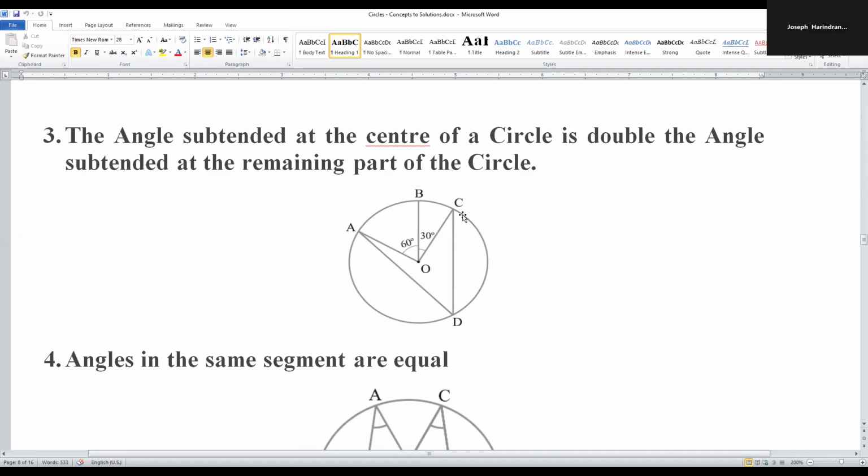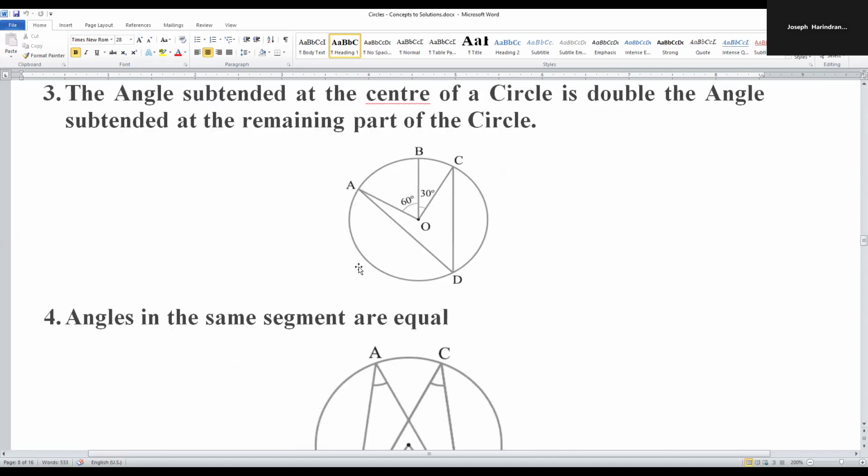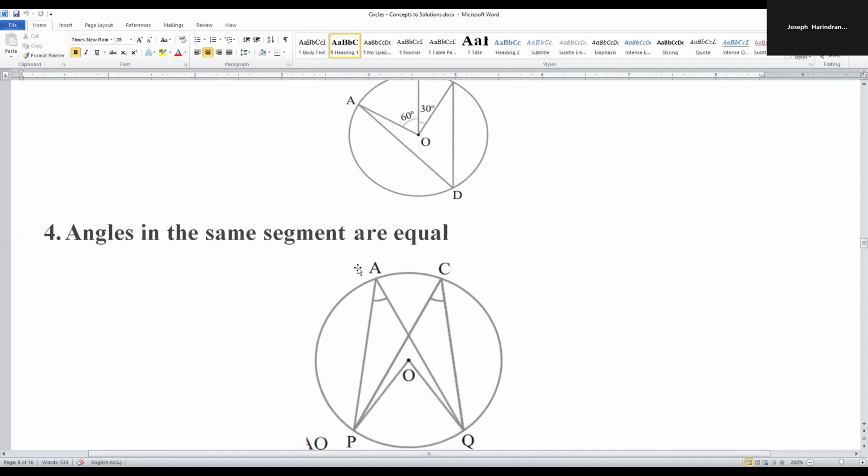The angle AOC is the angle subtended by the arc ABC at the center, and the angle ADC is the angle subtended by the same arc ABC at the remaining part of the circle. So we can say that angle AOC is twice the angle ADC. This is also a theorem in 9th.